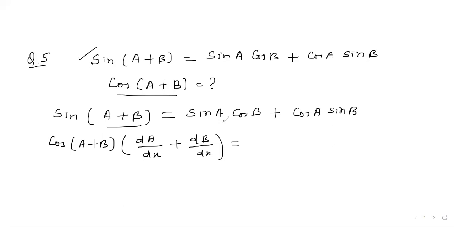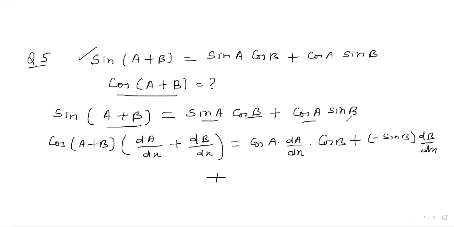Here we have to apply the product rule. So sin A will become cos A, then dA/dx times cos B, plus. Now we have differentiated sin A, so now we differentiate cos B. This gives minus sin B times dB/dx, plus.